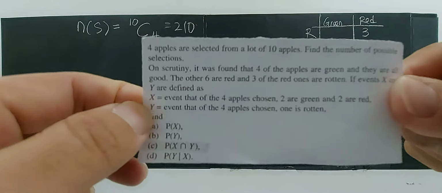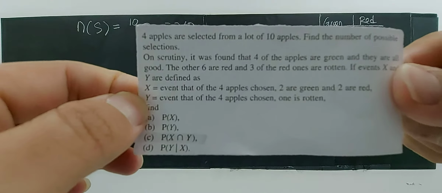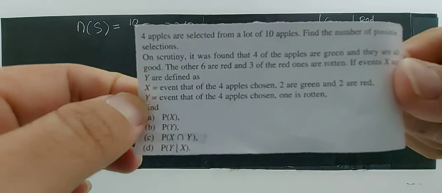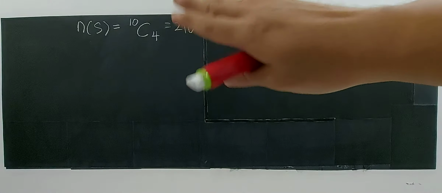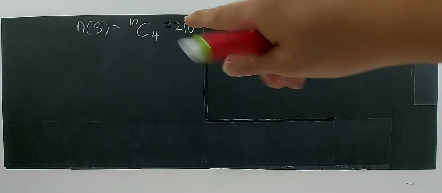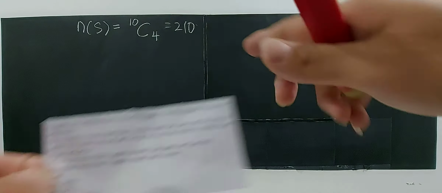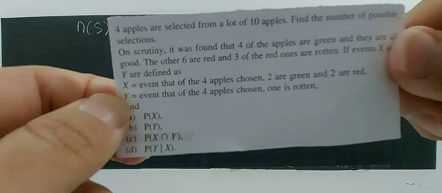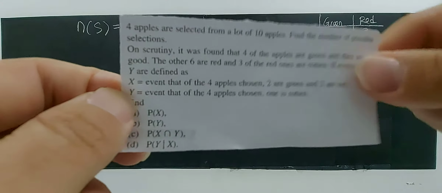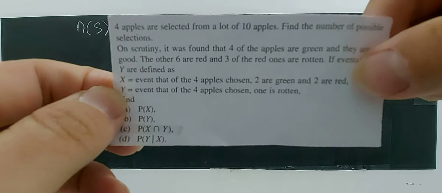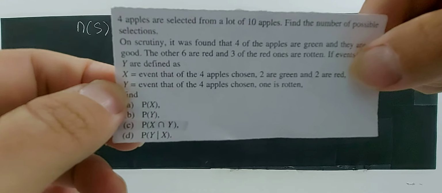So now we go for the events the question requires. Let's look at X. X is the event that of the 4 apples chosen, among these 210, you choose 4 apples where 2 are green and 2 are red. They don't care whether they are rotten or not rotten, as long as 2 are green and 2 are red.